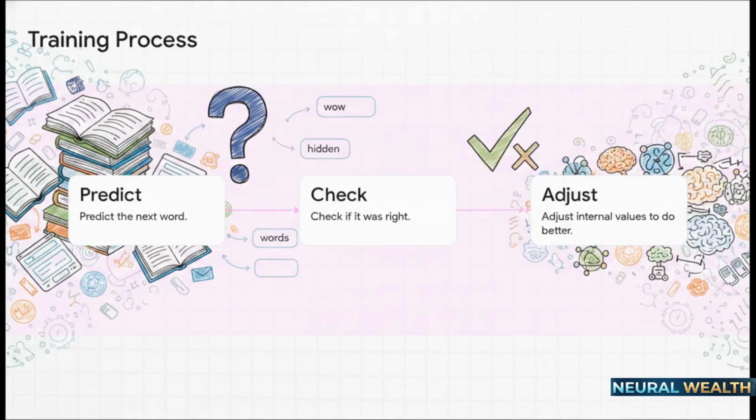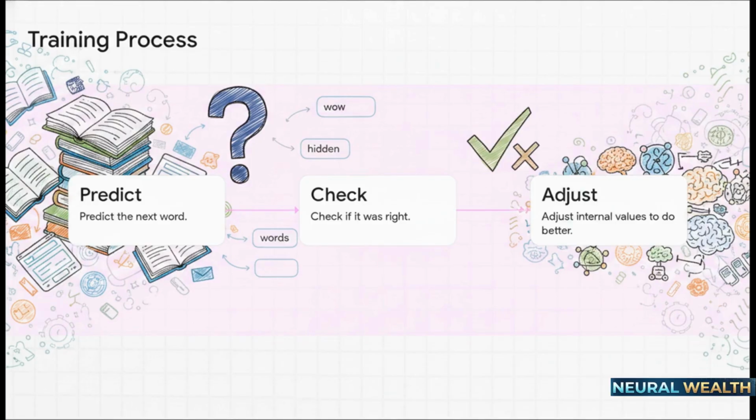So you might be wondering, how exactly did it learn to predict so incredibly well? Well, before you ever had your first conversation with it, the AI went through a massive, computationally exhausting process called training. During this phase, it was shown a colossal amount of written text. We are talking millions of books, articles, websites, entire lifetimes' worth of human conversations. Its task during this time was simple but absolutely unrelenting.